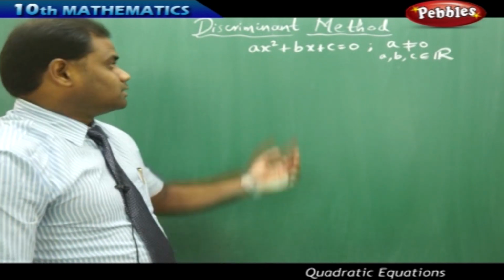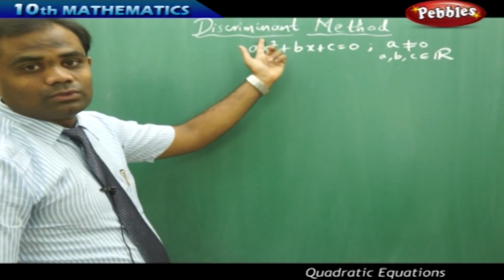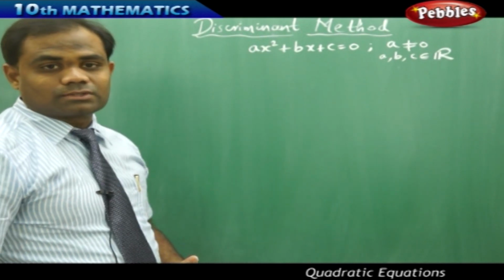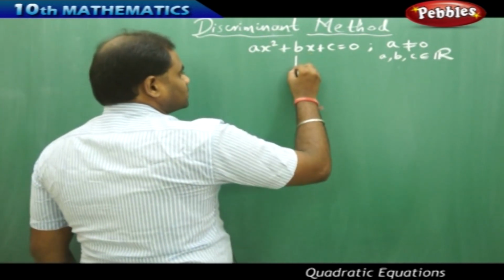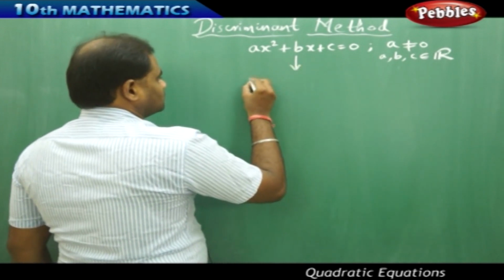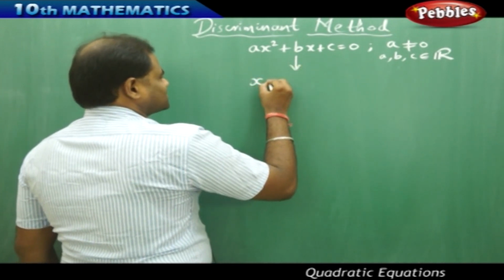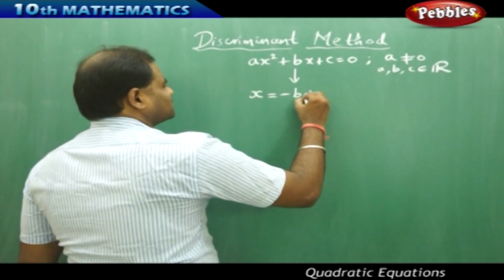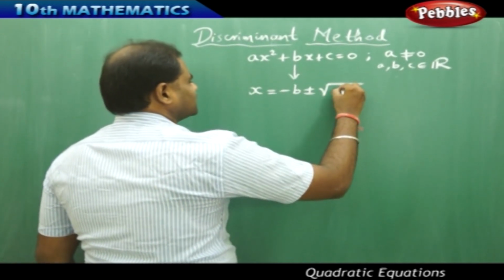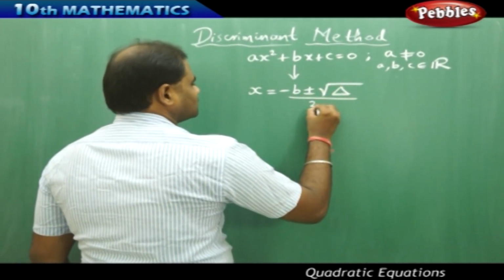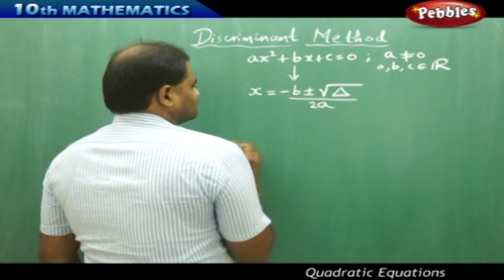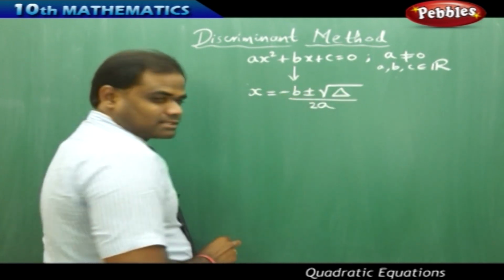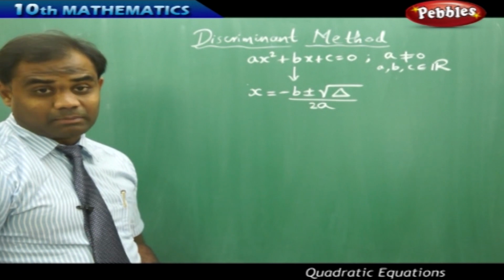We all know that this quadratic equation with the degree 2 has at the most two roots, and the two roots are given by the formula x equals minus b plus or minus root of delta by 2a, where one of the roots is with plus and one of the roots is with minus.